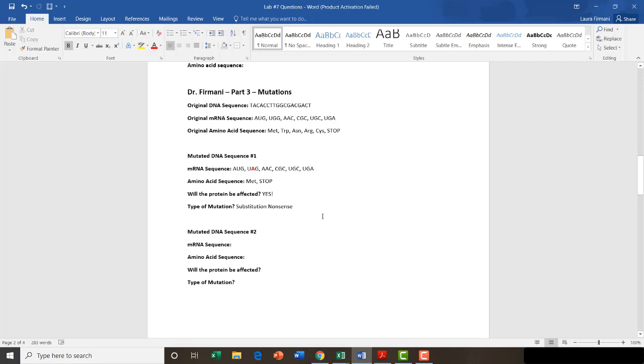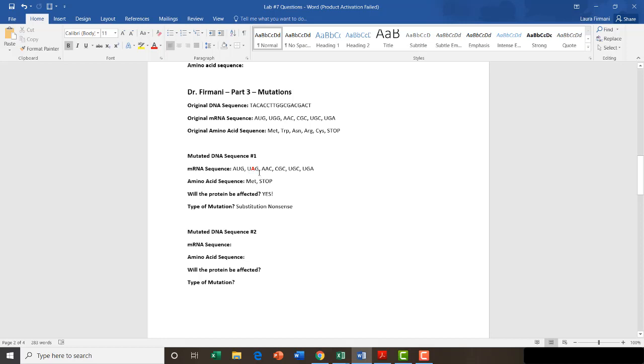So let's go back. What you will do in your lab manual and then write out in your Word document is write out the mRNA sequence. When I wrote it out, I looked at what changed from the original mRNA sequence. Here, UGG is now UAG. So I know this A was a result of that DNA mutation.